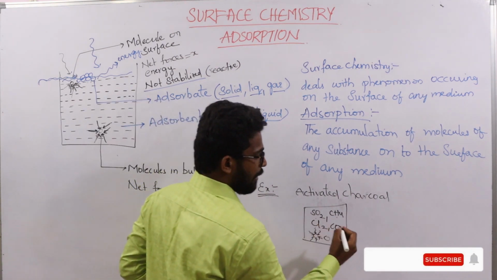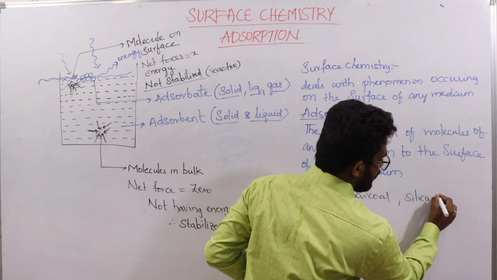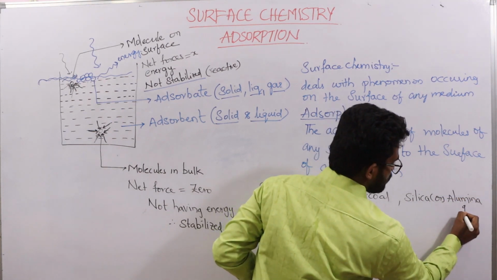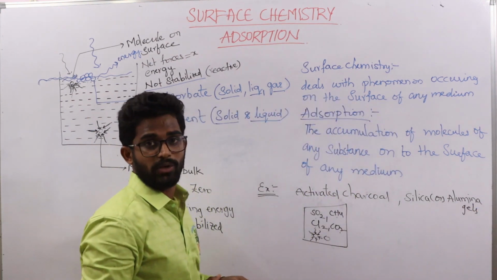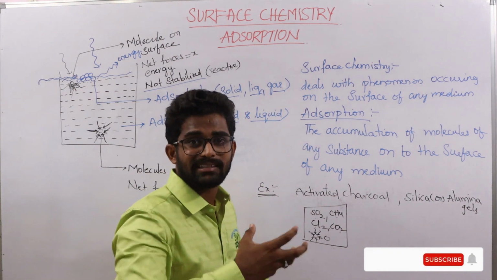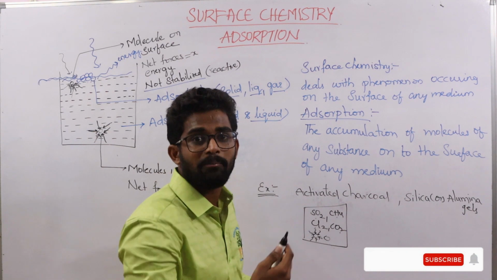Coming to the other example, silica or alumina gels. In our chemistry experiments, we always try to use a dry environment, which is free from moisture.